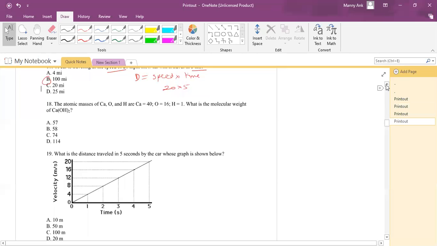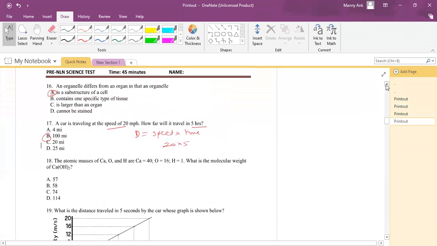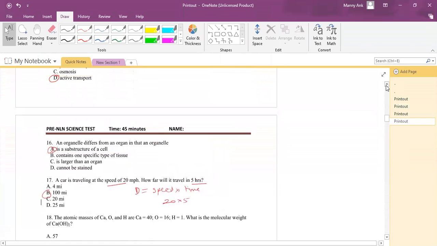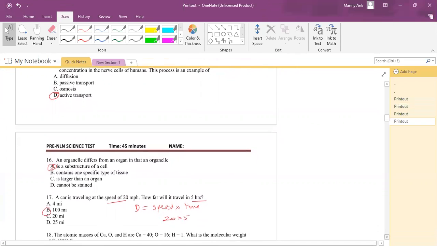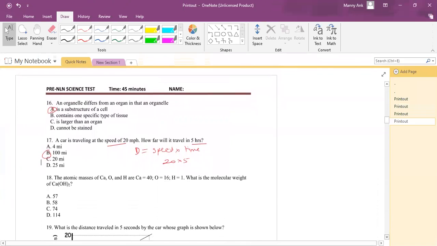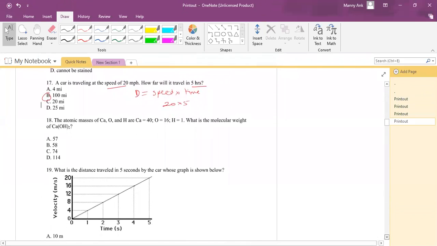You want 15? Yes. Active transport. Thank you. Okay, number 18.